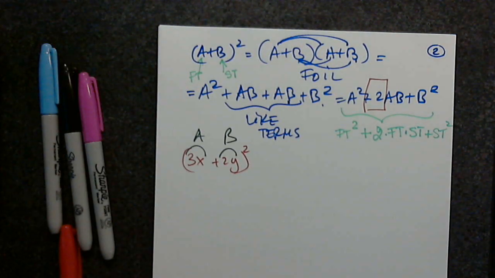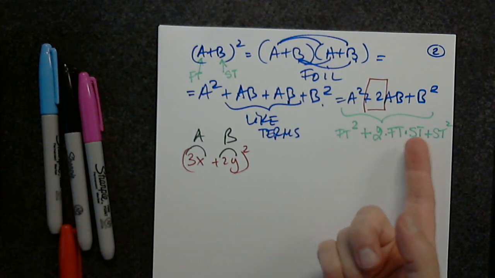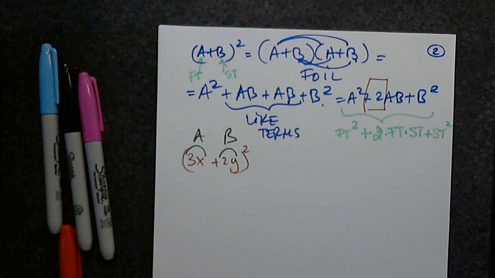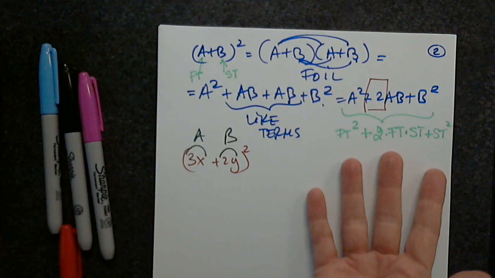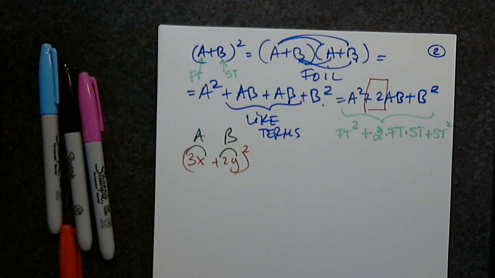Exactly. This is what you have to remember. That's the pattern, not A and B. A and B doesn't mean anything, right? It's the first term plus the second term, everything squared, which means first term squared plus 2 times the first times the second plus the second term squared. This is what it means, translated into the first and the second. So now this will become easy.